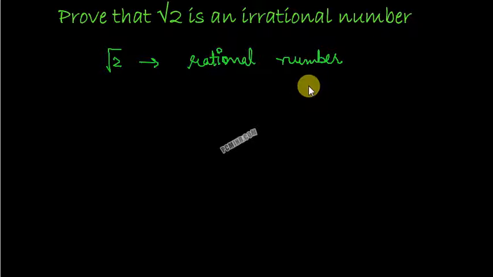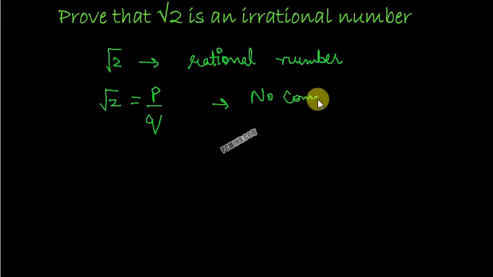Now that means square root 2 can be expressed in the form p upon q, where of course p and q are integers, and there is no common factor between p and q, because we assume this to be the simplest form, which cannot be simplified further.